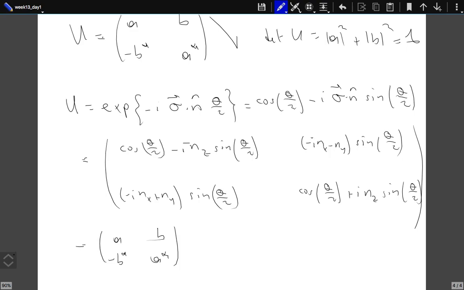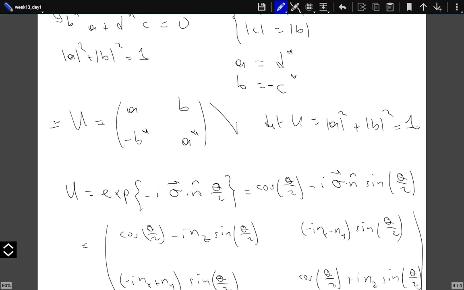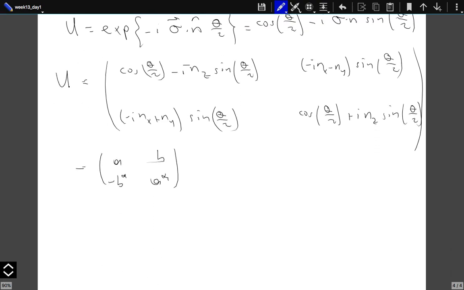We had already said that any unitary 2x2 matrix should have this form. And we have seen that this matrix, which we had studied last week, does have that form. You can just relate the angles with A and B. The real part of A is cosine theta over 2.